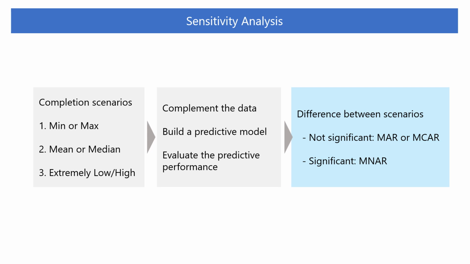In this case, the missing mechanism is most likely MAR or MCAR. On the other hand, if the completion method changes the results significantly, it indicates that the variable containing the missing data is itself affecting the missing values. This suggests a high likelihood of MNAR.